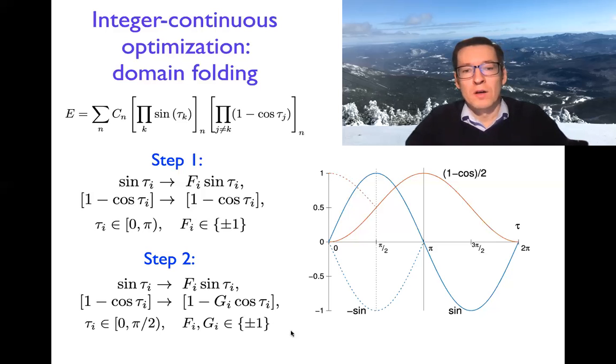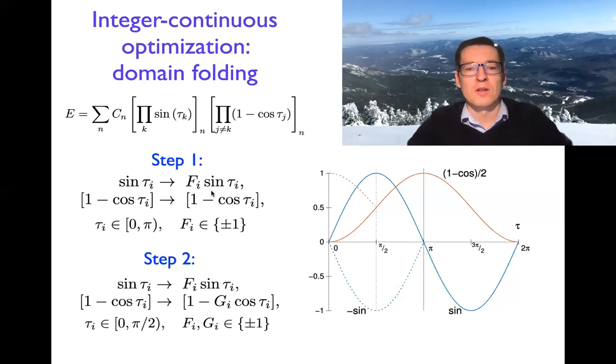So in order to essentially reduce the 0 to 2 pi domain to just 0 to pi over 2, a quarter of the initial, you need to introduce two variables of discrete nature, plus minus 1, for those two functions. And that idea is essentially crucial to formulate the continuous optimization problem as an integer continuous optimization.